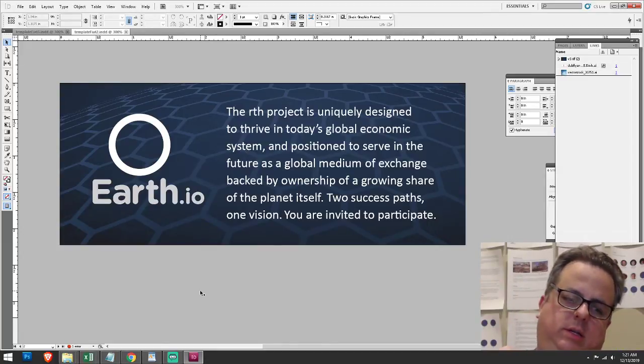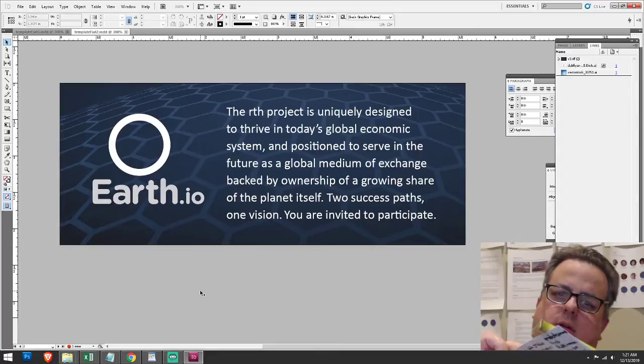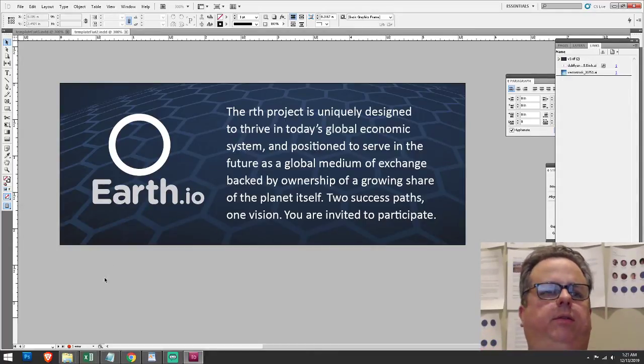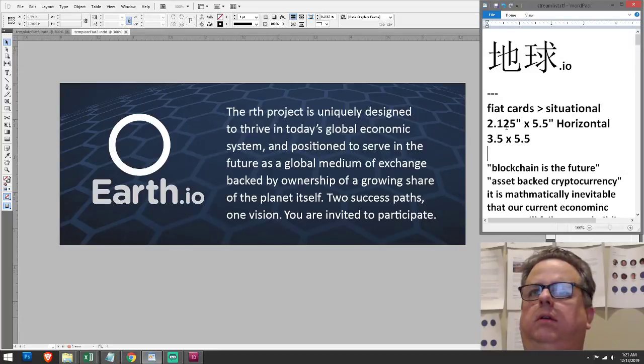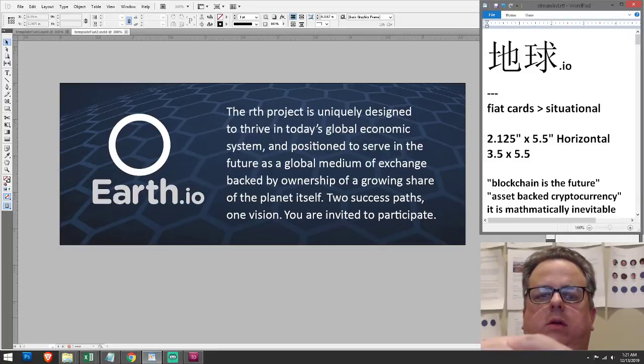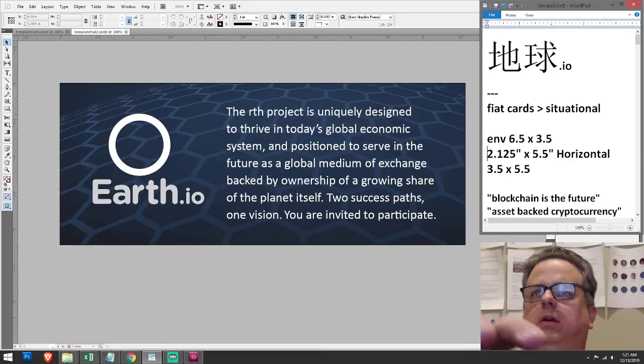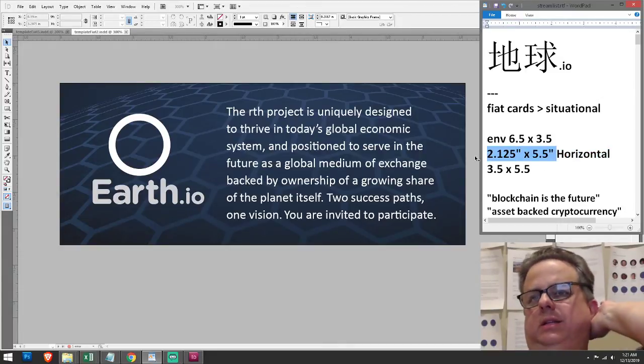So this envelope is 6.5 by 3.5. Envelope 6.5 by 3.5, and our current art size here is that.